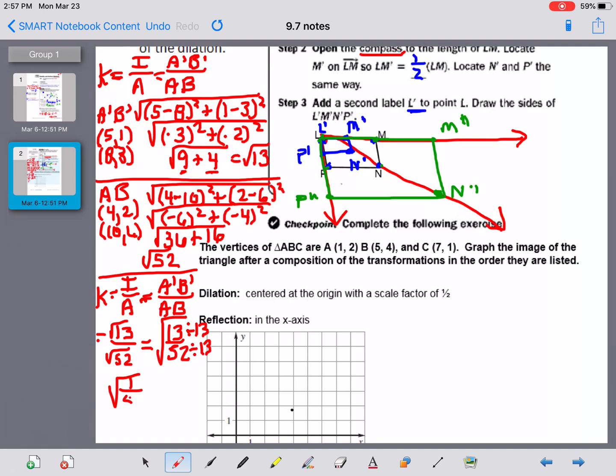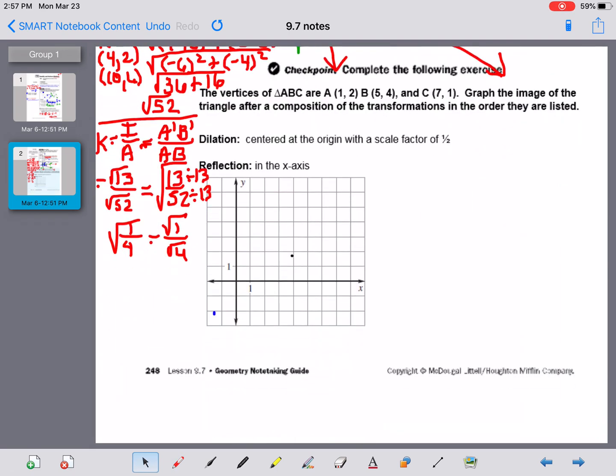And now I can separate them back into individual radicals. So I get the square root of 1 over the square root of 4. The square root of 1 is 1, the square root of 4 is 2, and there's my scale factor, 1/2, which shows me that I have a reduction between these two segments.